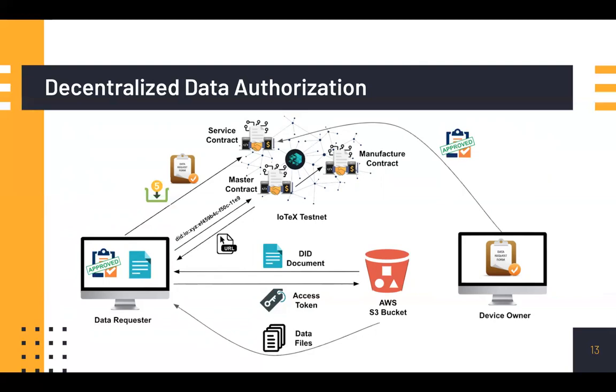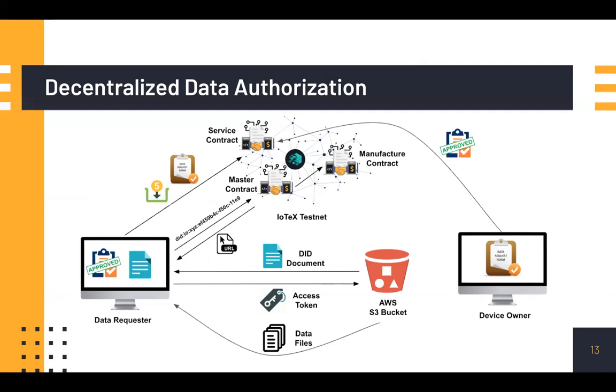In this figure, you can see the requester will check the DID through a master smart contract, which will further call the manufacturer smart contract to retrieve the DID document. This contract will tell the device requester where the DID document is located. After retrieving the DID document, the data requester will see where the service endpoint for the device is. In this case, it will be the address of a service smart contract.